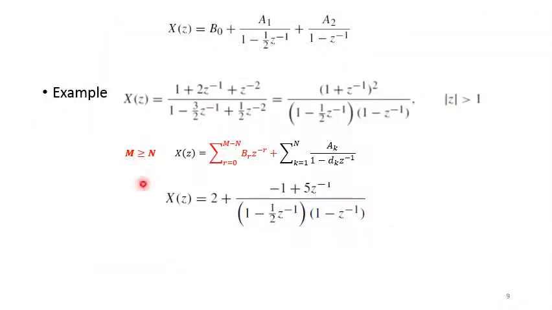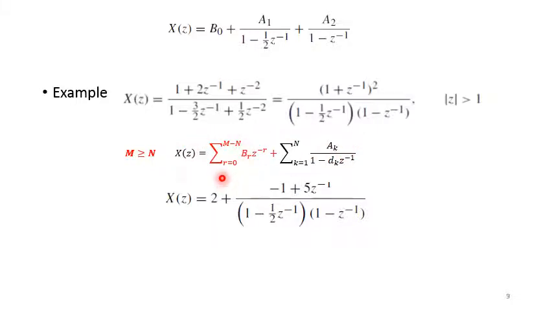So in this particular example, we are going to take another case of partial fraction expansion. If you look at this problem, it can be simplified into (1 plus z inverse) whole squared, right? You can express it like this. And if you compare the powers now, the numerator power is equal to the denominator power, right? For such types of problems, we have the partial fraction expansion like this one.